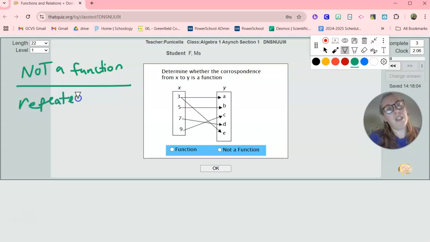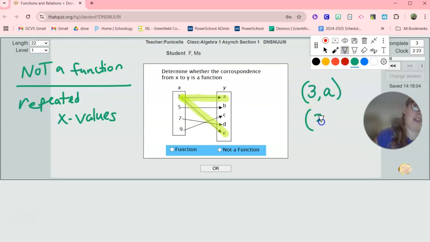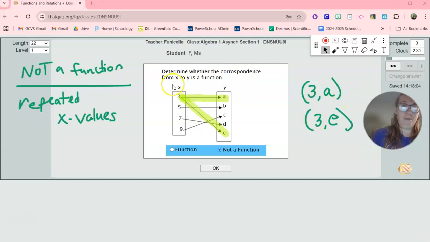So when we're looking in this table, what we notice is that there's this x value of 3 and it's repeated twice. It's going to A and then it's also going to E. So these are two coordinates, 3 comma A and 3 comma E. So we have this repeated x value, which means this is not a function, because that 3 has 2 arrows going from it to 2 different outputs.